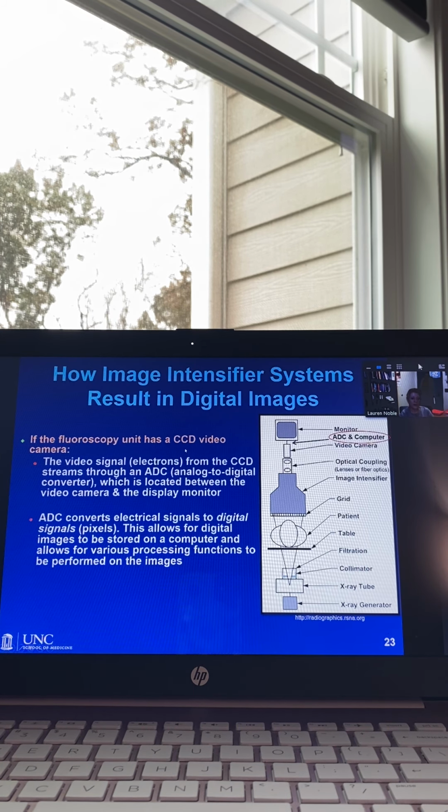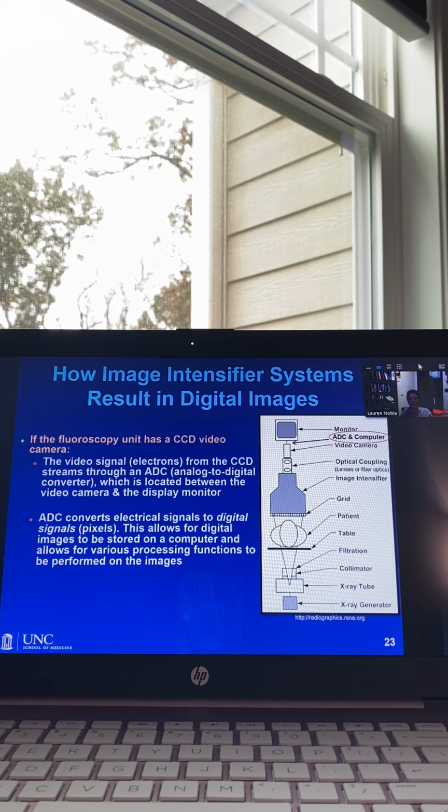All right, so if the unit has a CCD video camera, like ours does in the lab, the video signal, or the electrons, because remember, the CCD converts light to electrons, can be sent to an analog to digital converter.